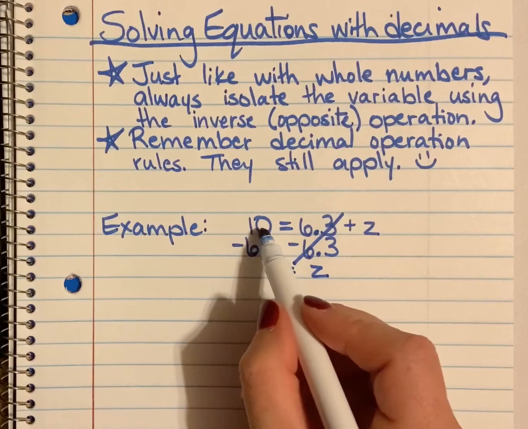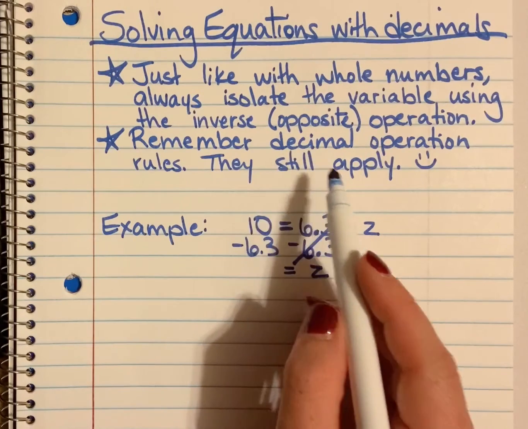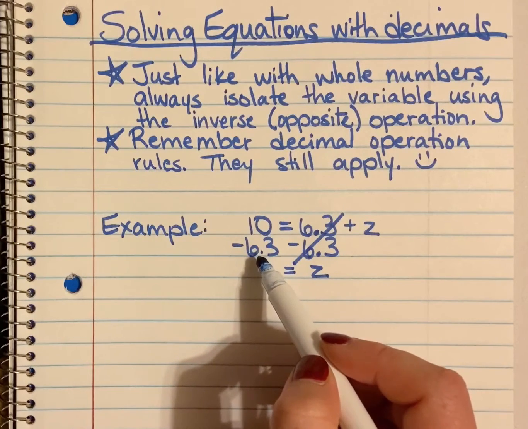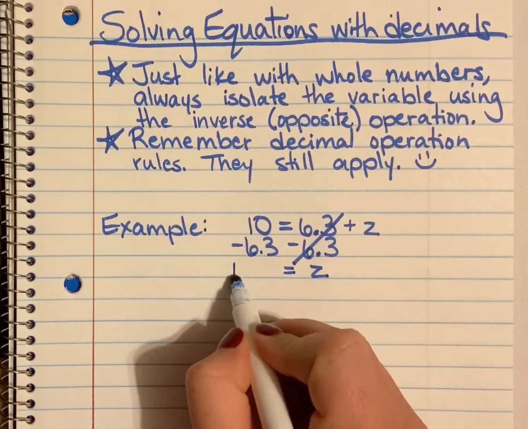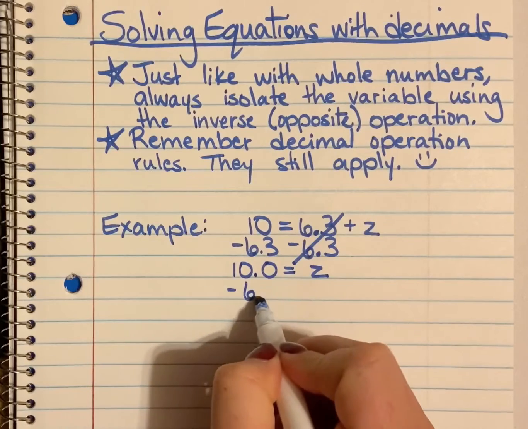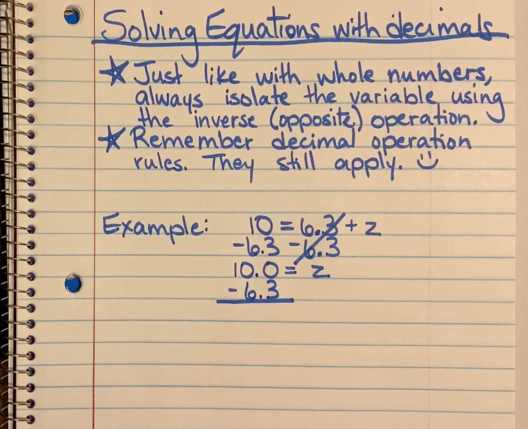I'm going to rewrite this side because my decimal operation rules still apply. I must line up the decimals when subtracting. So I must say 10.0 minus 6.3. Now I'm ready to subtract.